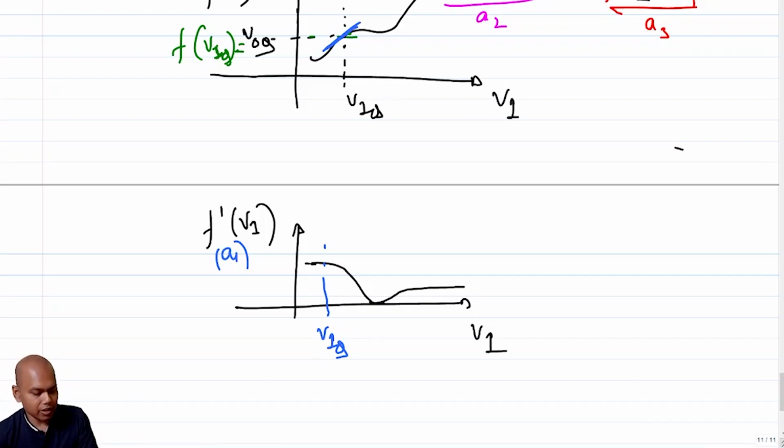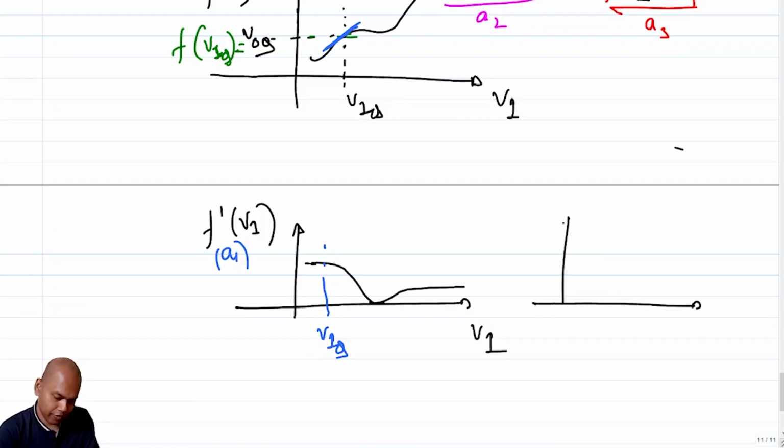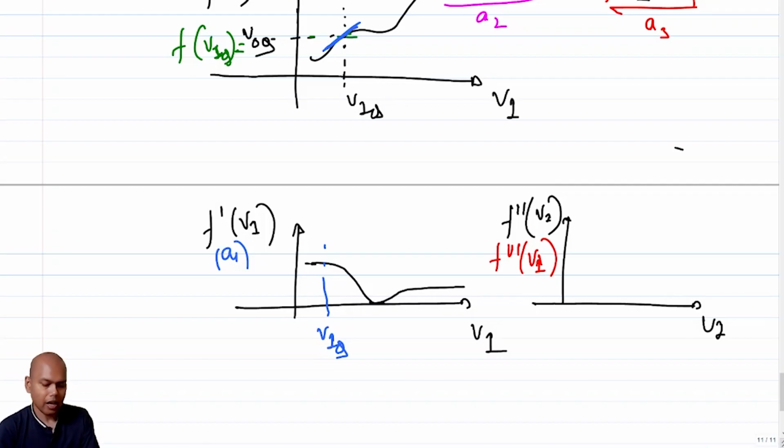The best thing is you plot out these plots of f dash versus vi. Similarly, just like you have plotted f dash versus vi, you plot out f double dash, and similarly you plot f triple dash, the third derivative, and you are going to get a bunch of plots.